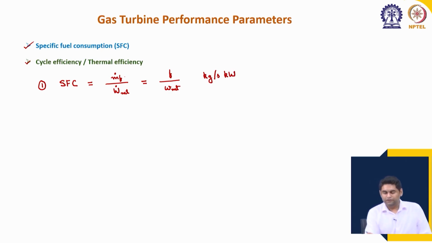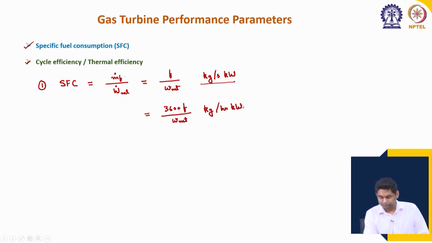But this generally results in a very small value. So, a more practical value is to write in terms of per hour. So, that comes out to be equal to 3600 F by W net, because there are 3600 seconds in an hour, kg per hour per kilowatt.